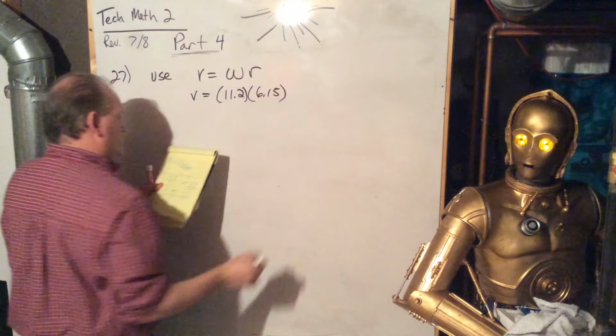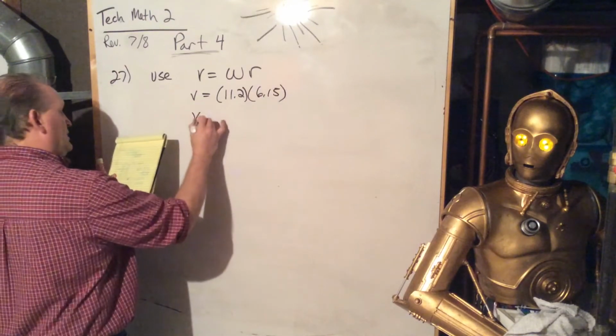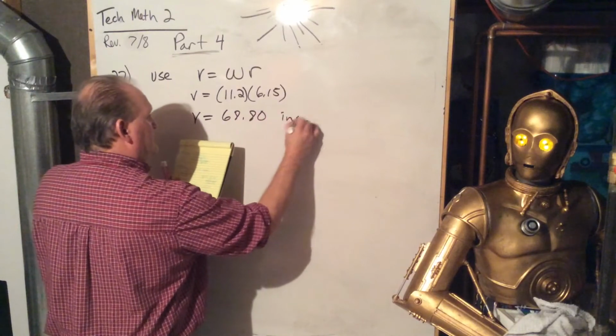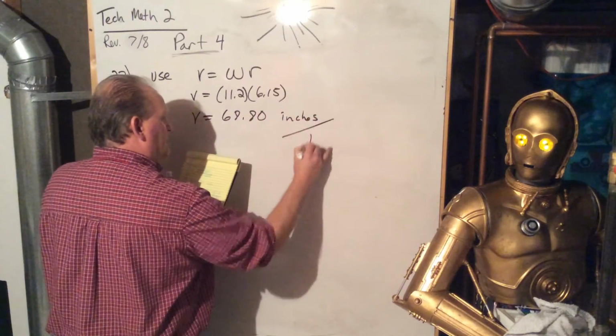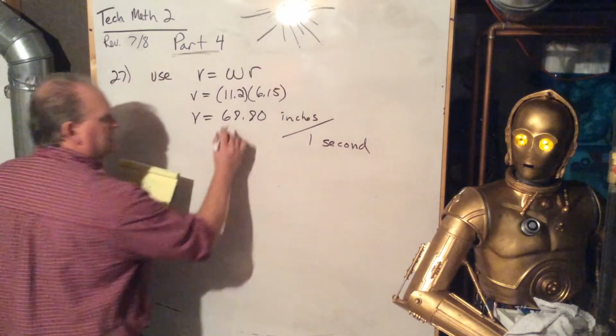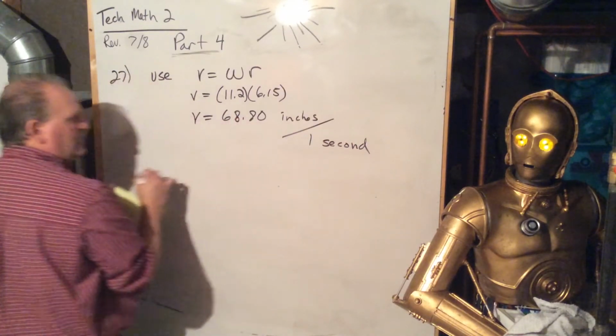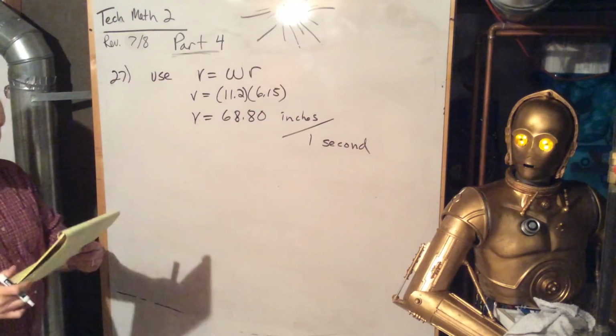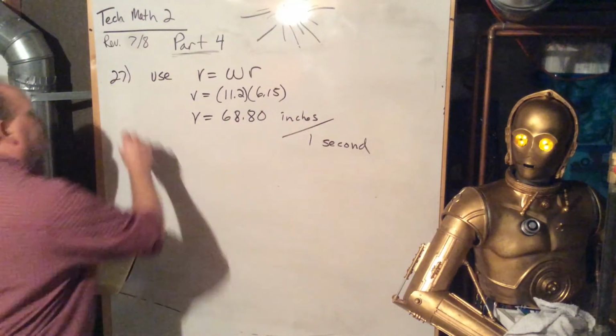And all you have to do is multiply those two together to get 68.80 inches in 1 second. So inches per second, 68.8 inches per second. Done.